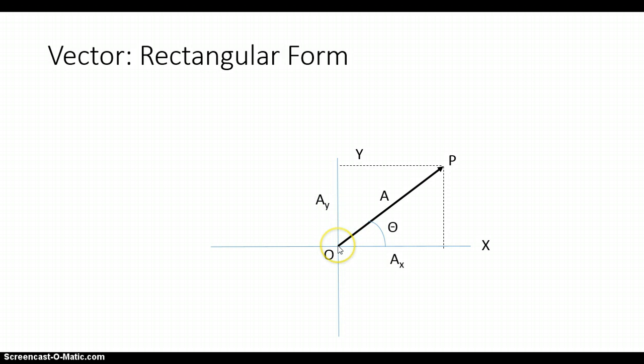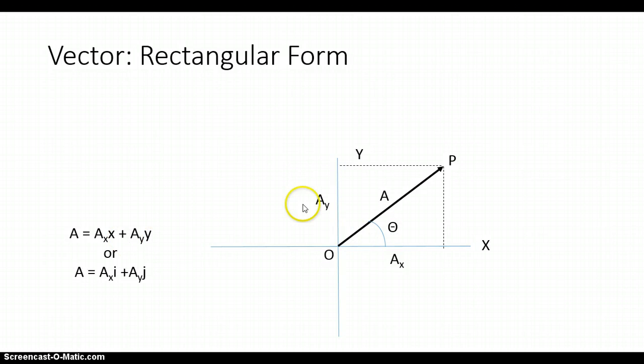And this is for a vector, by the way, that we named A, okay? And again, you'll notice that the vector begins at its origin, which is right here, and it goes to this point here, that we call P. And again, this vector here has some angle, and we'll just call that angle theta.